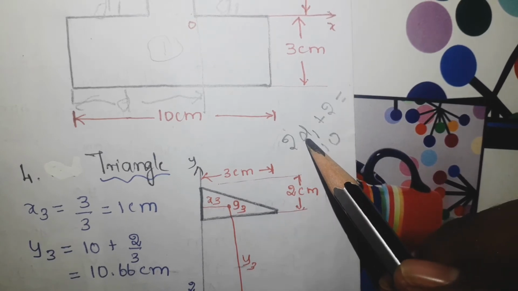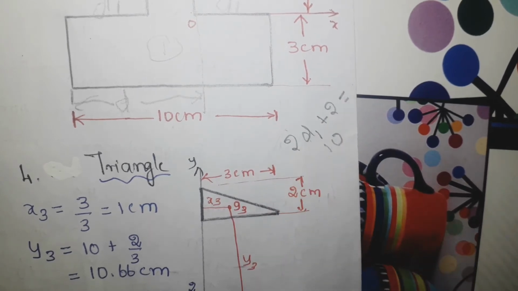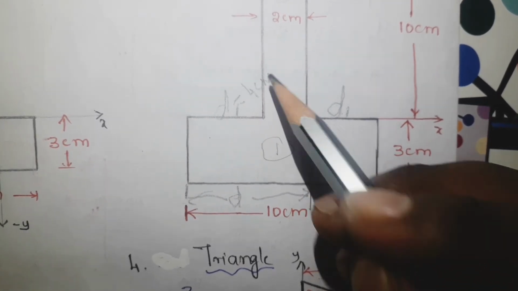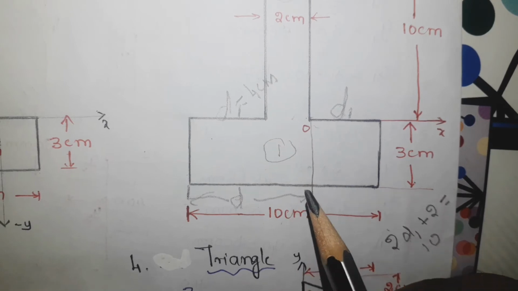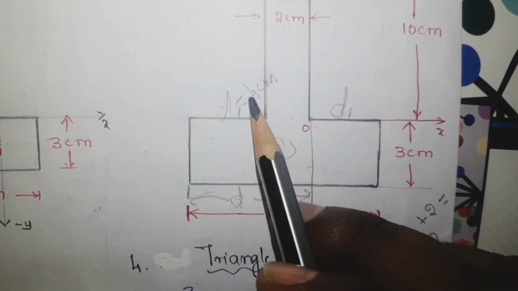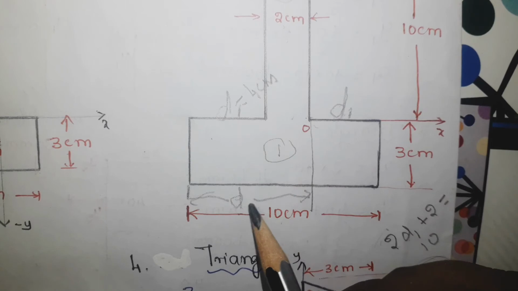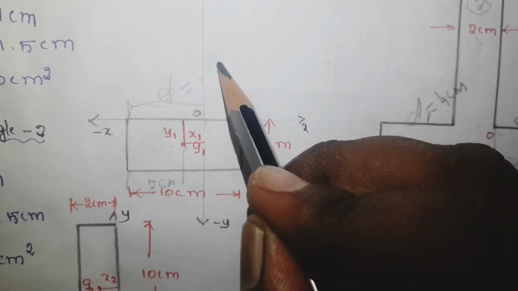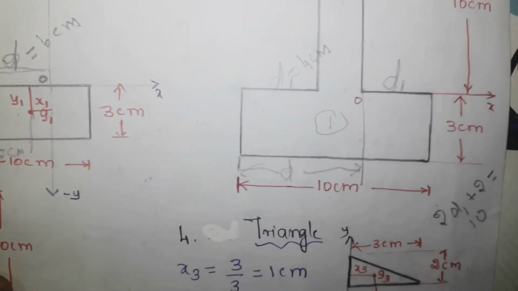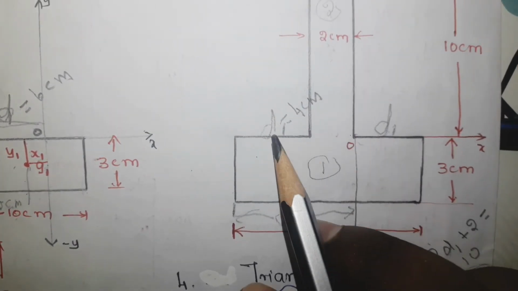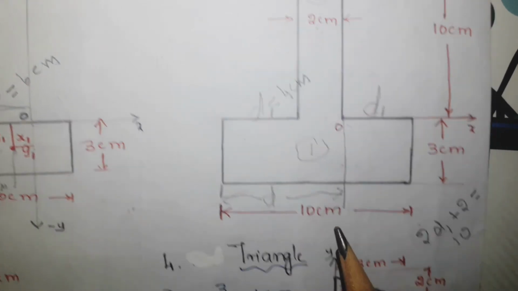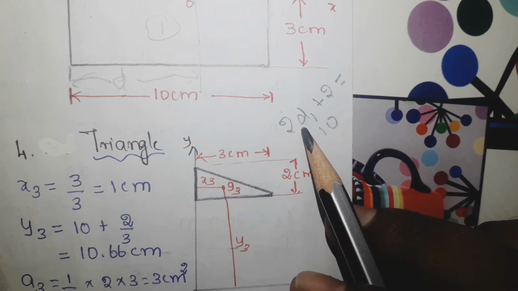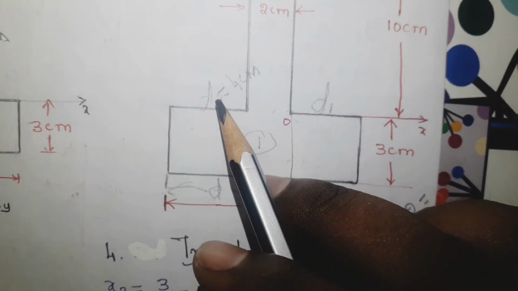From this, if you find the value of d1, it comes to 4 centimeter. So d1 is now equal to 4 centimeter. Now I want to know this distance. It is nothing but 4 plus 2, 6. Now D equals 6 centimeter, because d1 plus d1 plus 2 equals 10 centimeter. So this is the equation. From this equation you get d1, which is equal to 4 centimeter.